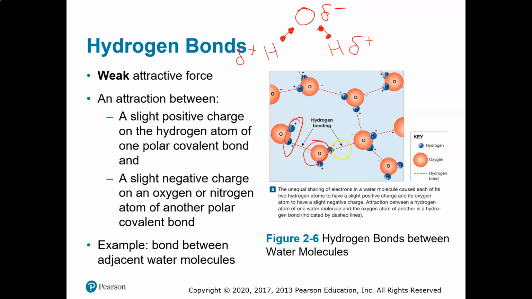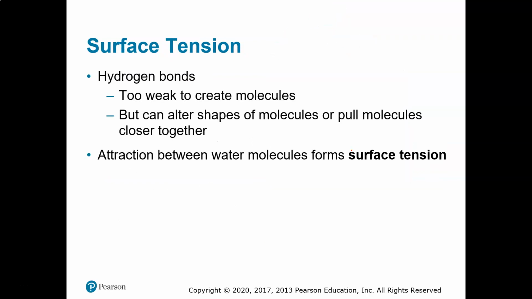And the bond that forms between the hydrogen end of one molecule and the oxygen end of another molecule is called a hydrogen bond. What results from hydrogen bonding is a lot of different properties, but surface tension is one. Surface tension allows some insects to walk across the surface of the water.